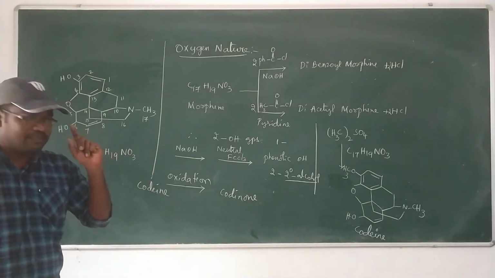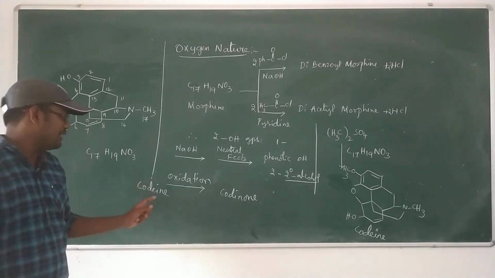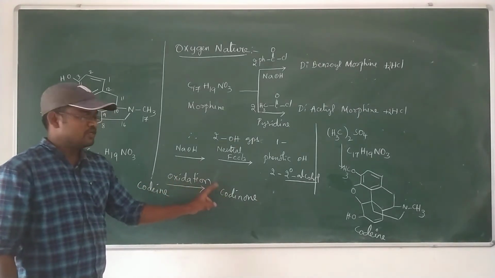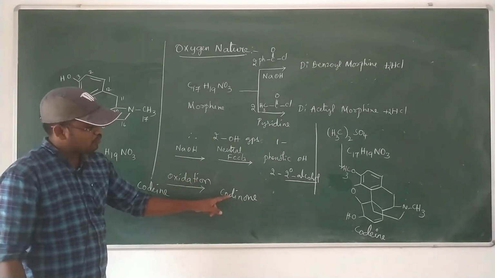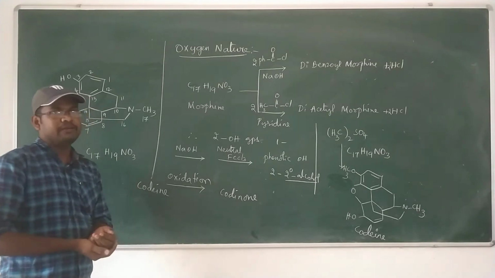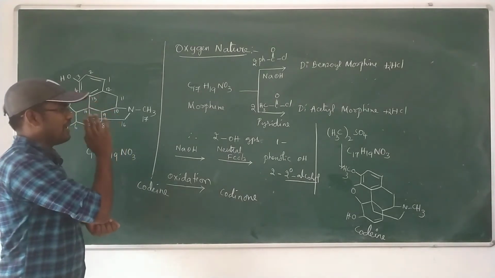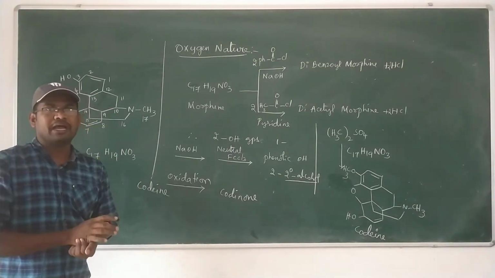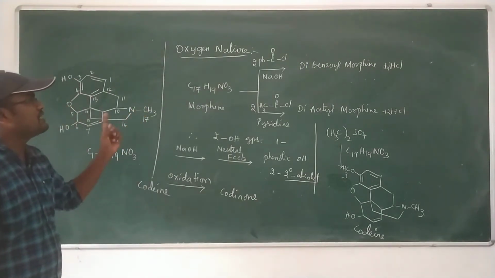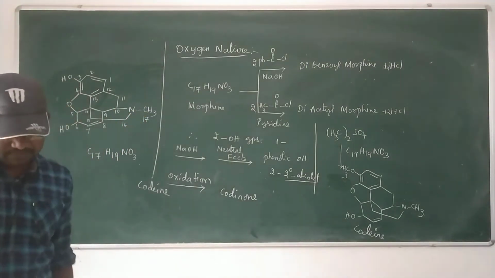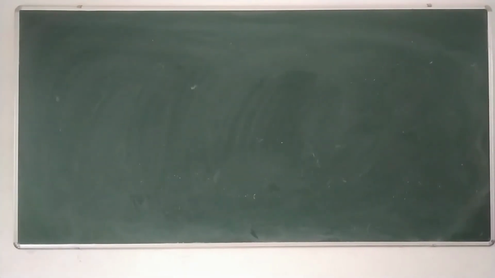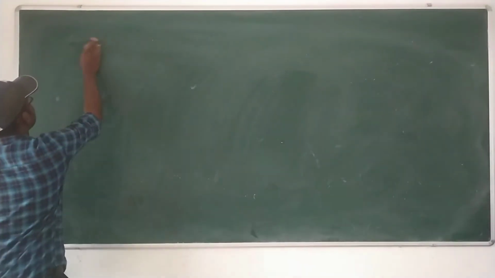That information is clearly indicated by codeine undergoing oxidation to give codeinone, nothing but a C=O. That clearly indicates morphine has one phenolic group and one alcoholic group. So this is the oxygen nature. Next, let us see unsaturation.